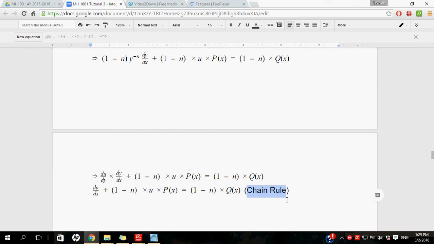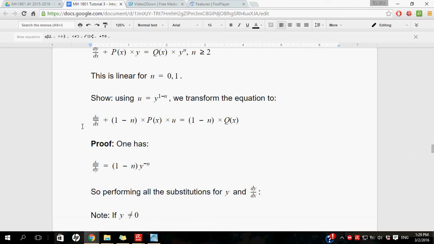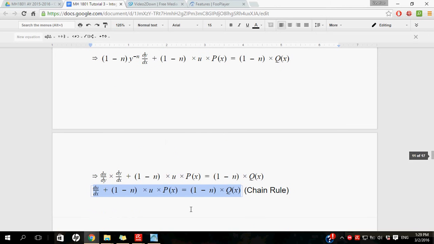Simply by applying the chain rule, we convert it straight away to du/dx. And as you can tell immediately, this is the differential equation in terms of u and x that we are supposed to find. It's precisely the same thing here. Okay, so that solves question 4.